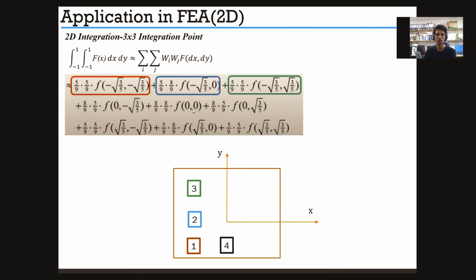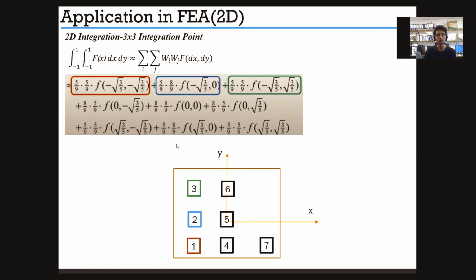What about this one? 0 0, so it would be like here. And what would be this? This is 0 plus, so 0 plus this point. What about this one? Plus minus, so we will go plus to the x-axis, minus to the y-axis, and here is the point.